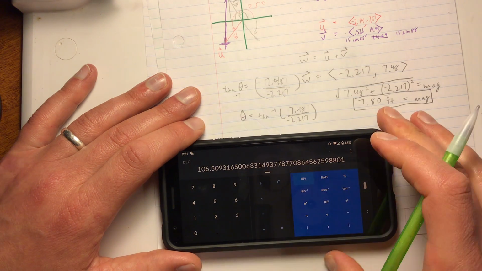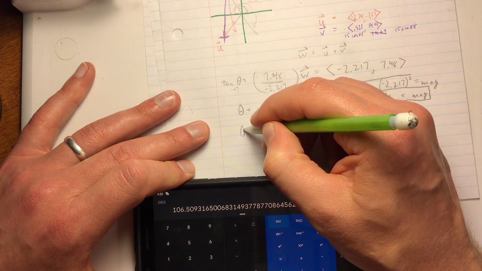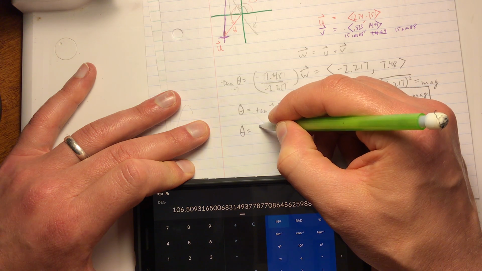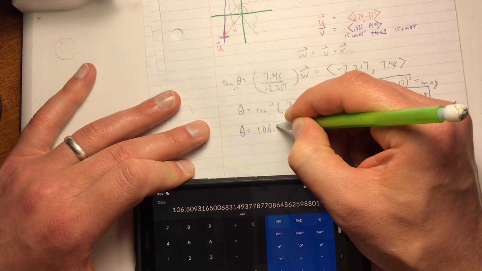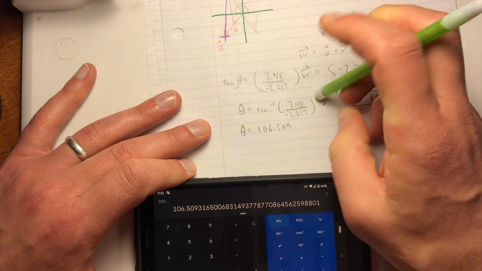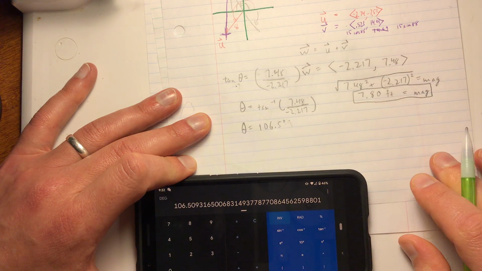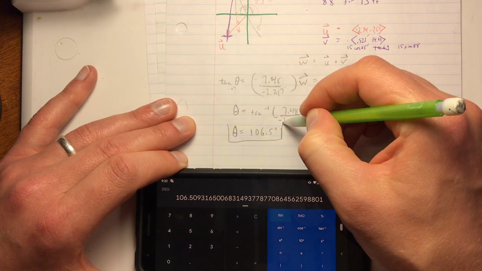That's why we can't just check our brains and blindly follow the calculator. 106.509, and let's call it 106.5 degrees. And that is our direction.